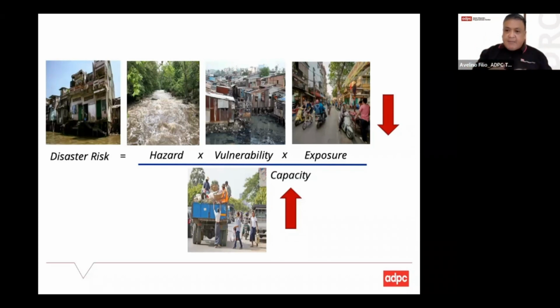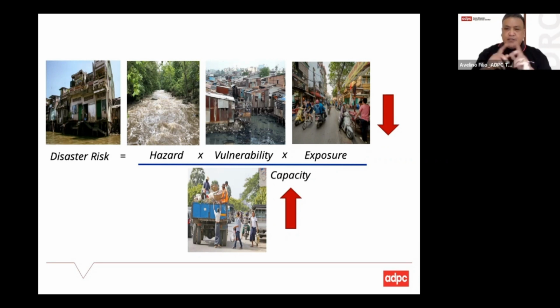The lower the capacity, the higher the vulnerability and exposure. So remember the critical role of communication, the critical role of disaster risk communication in this simple formula.